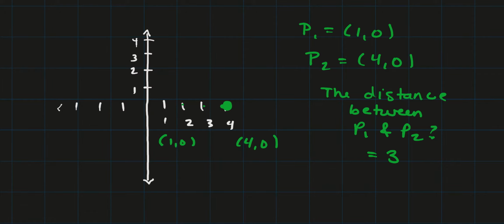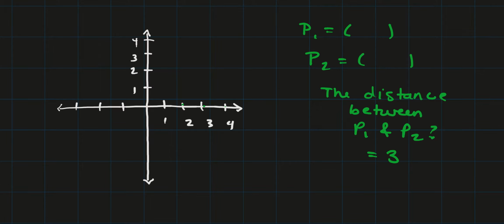If I move these 2 points up, so let's say I gave you the points (1, 2) and (4, 2). How would you figure out the distance between P1 and P2?